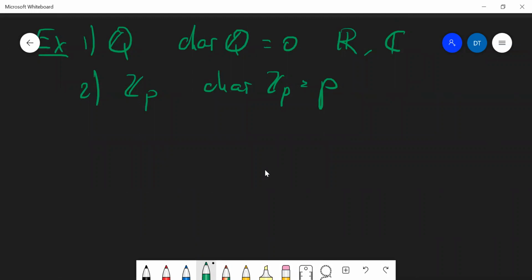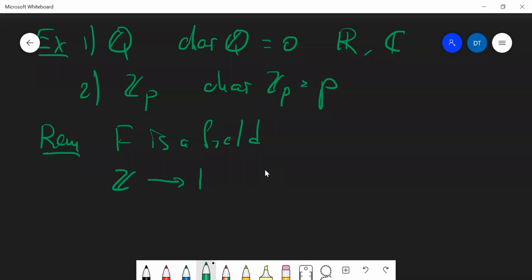Next, I want to explain the relation between the characteristic and the ideals in the ring of integers. So the remark, well, suppose F is the field. This is our field. Let's write it like this. F is a field. Z is the ring of integers.